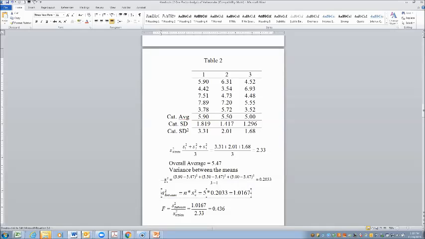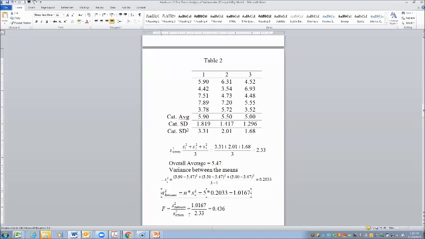Remember that these are sample standard deviations, and the sample standard deviations follow a distribution that is the population standard deviation divided by the square root of n. Solving that backwards gives me this equation. So the between variance is n times s sub x bar squared, which gives me 1.0167.